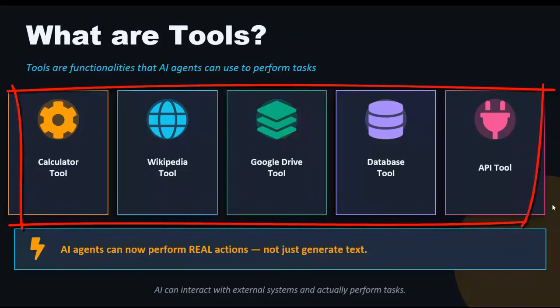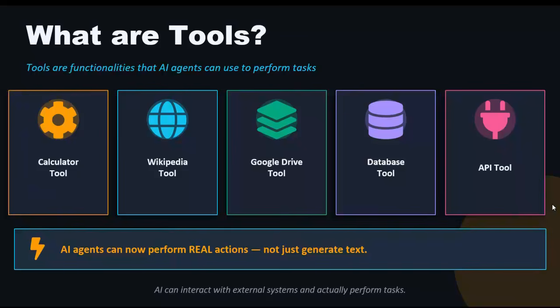So instead of only generating text, AI agents can now perform real-world actions using these tools. And this is where modern AI systems become truly powerful, because now AI is not limited to conversation only, not limited to talk only. AI can interact with external systems and actually perform tasks.